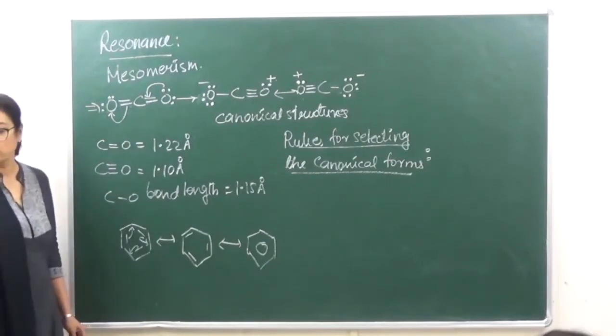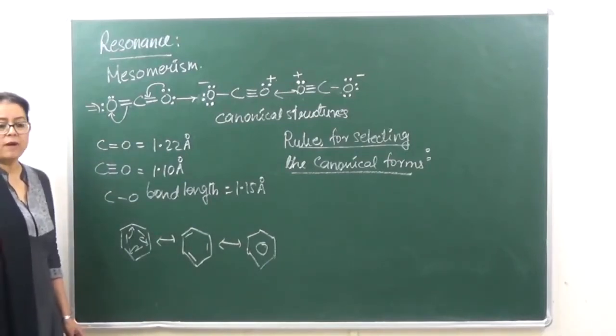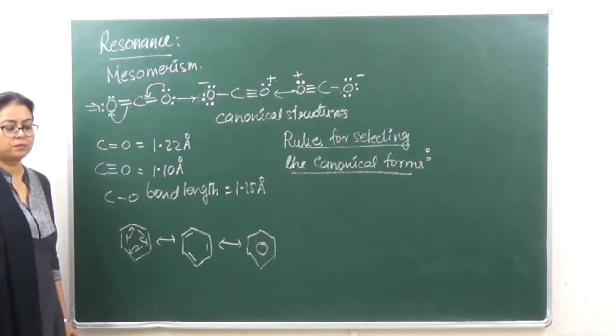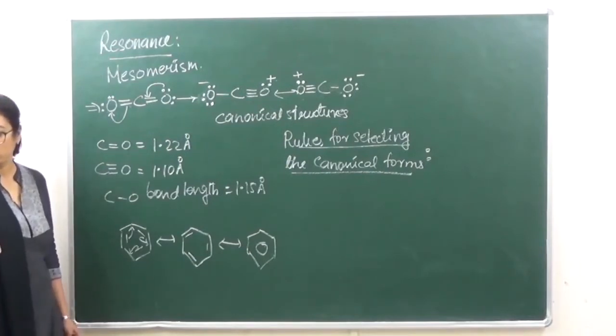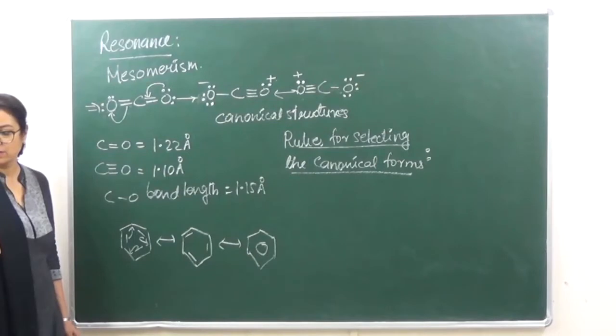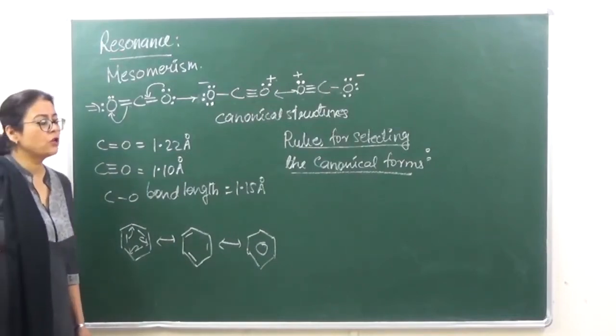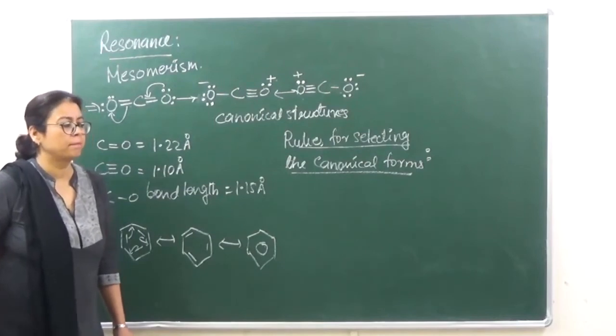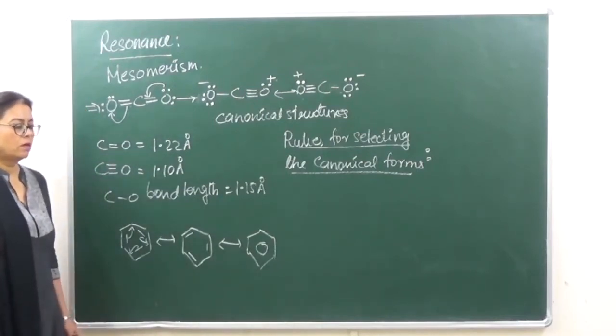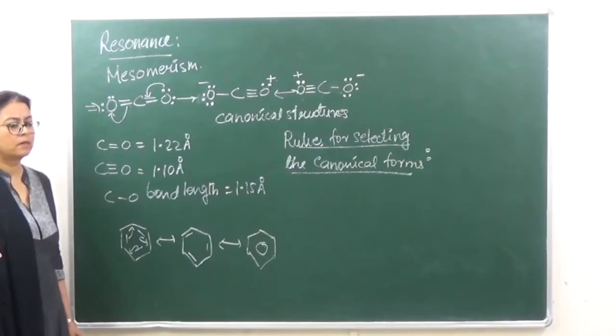Then number 2, the number of unpaired and paired electrons in each of the canonical forms should be same. ठीक है?